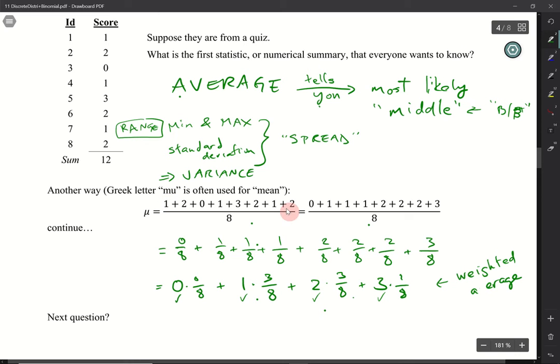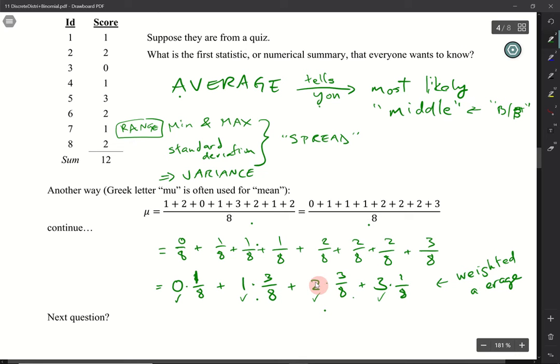Numerically or mathematically, this is the same as this, right? But this goes through the value 0. Oh, actually, sorry, this should be 1. So the value 0, we had one of those. So 1 out of the 8 was 0. And so we know it comes out to be 0. Another value in our data, the values of the random variable, is 1, and that happened 3 times, and we're always dividing by this 8.